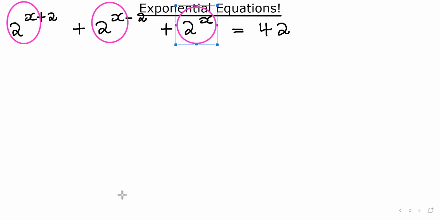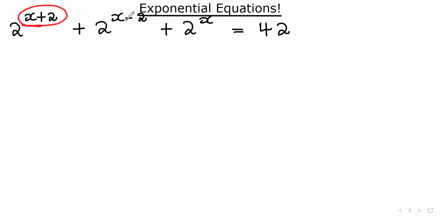But then what is the problem? The problem is in the first two terms, the 2 to the x is not readily available because of the plus 2 as well as the minus 2 there. So the first thing that we need to do is to break this up. That's what my learner used to say.